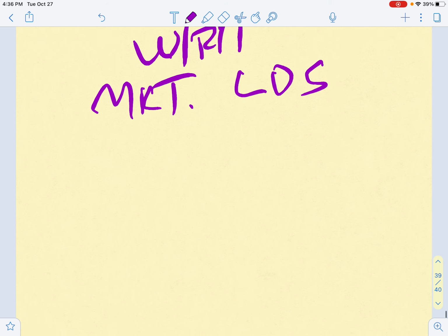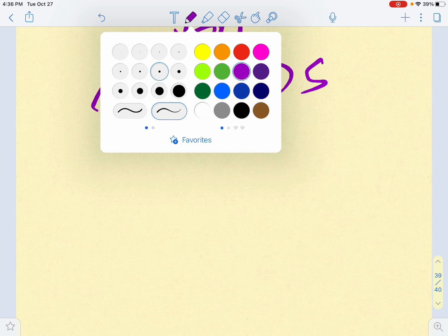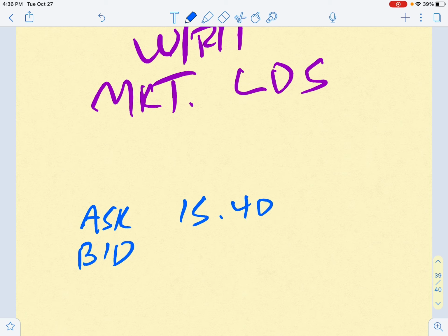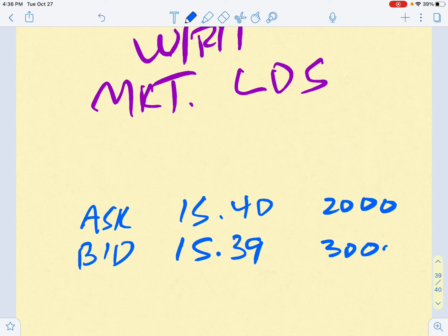I'll just make up some numbers for our limit order book here. What if we have the ask at 1540, the bid at, excuse me, 1539, and I'll put the sizes out here: 2,000, 3,000.